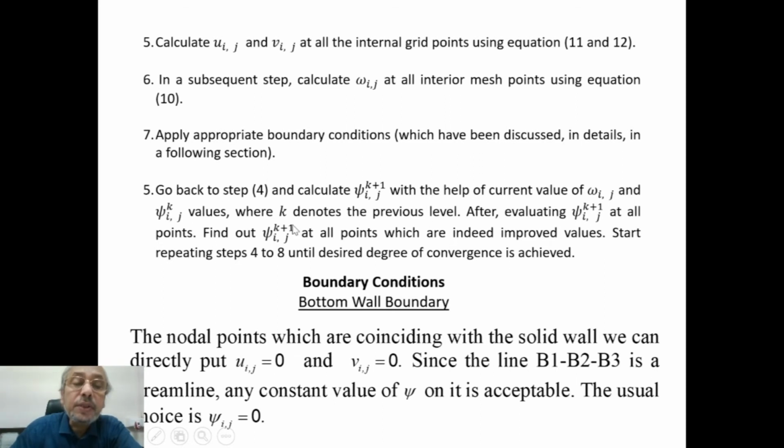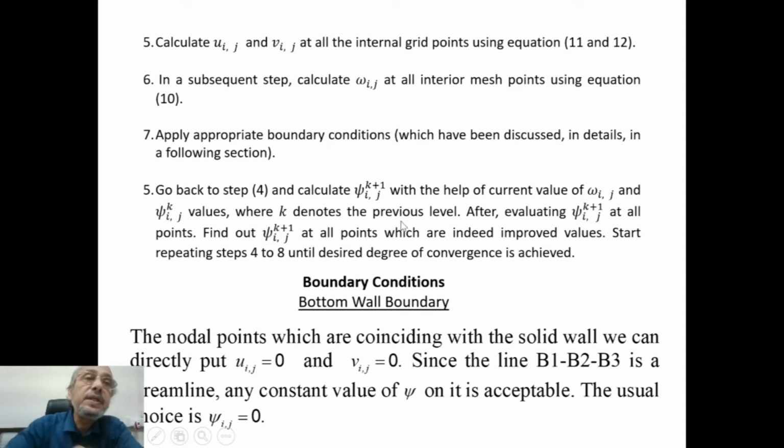This should also be k plus 1 prime. Start repeating steps 4 to 8. Please correct this: this is not the 5th step, this is the 8th step. So 4 to 8 till we get convergence.